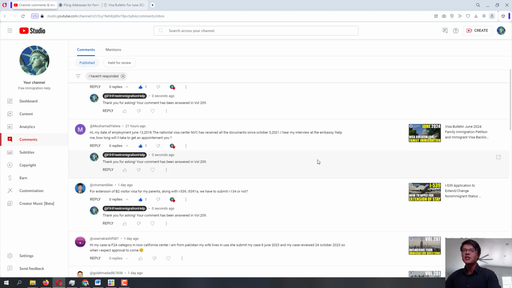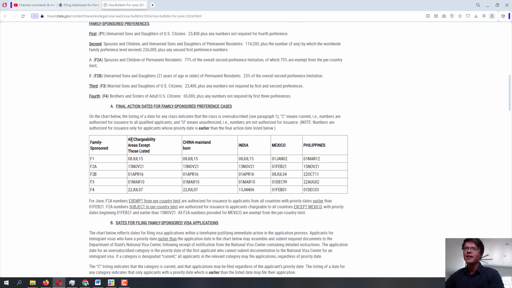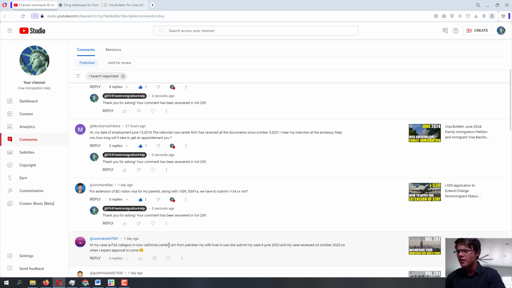All right, great question. Thank you for asking. So you're in the all chargeability area, F2A category. Let's take a look and see what's going on in the visa bulletin. We will look at the graph A to see the full length up until when the immigrant visa becomes available. So F2A for all chargeability is right now on 15th November 2021 as of June 2024. And you are, let's see, case reviewed.